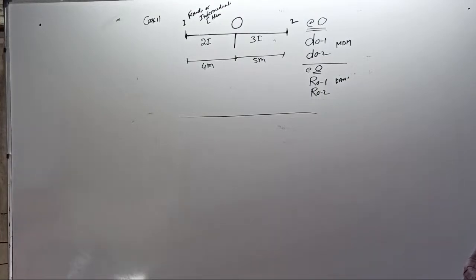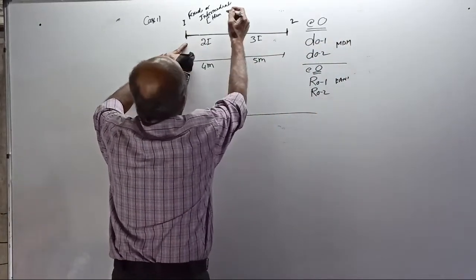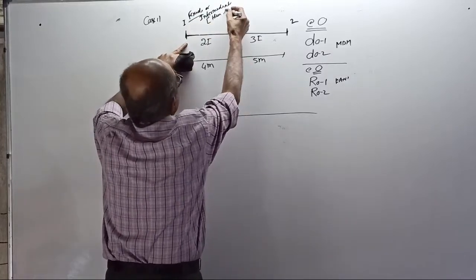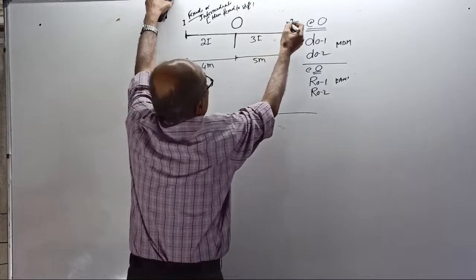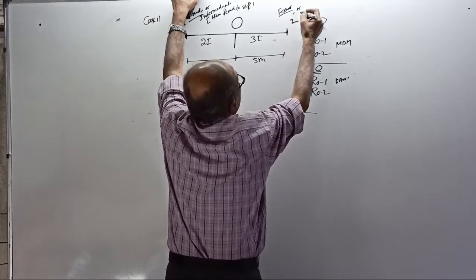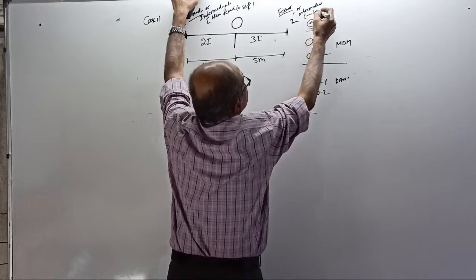An intermediate support for stiffness calculation is considered as fixed. Therefore, let it be either fixed or intermediate. If intermediate, then again it is considered as fixed for stiffness calculation. The same thing here: this also fixed. Either it is fixed or it is intermediate, that is considered as fixed.